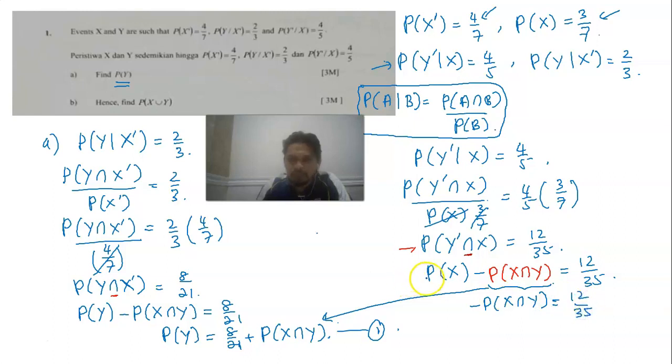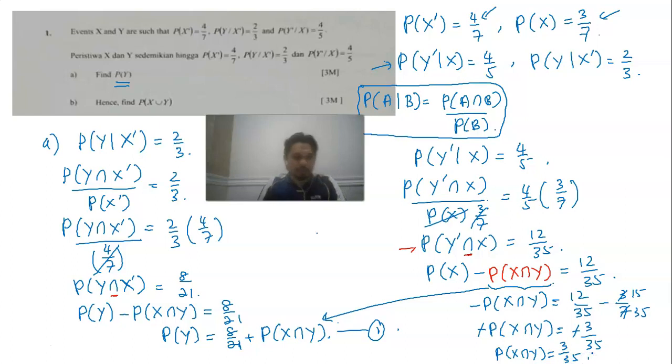And then probability of x equal to 3 over 7 minus 3 over 7. Just imagine that 7 times 5 equal to 35 and 3 times 5 equal to 15. So negative probability of x intersect y equal to 12 minus 15, negative 3 over 35. So then multiply with negative left and right. So then probability of x intersect y equal to 3 over 35.